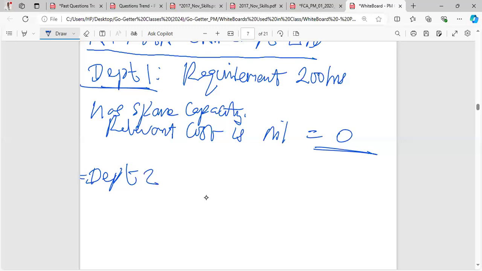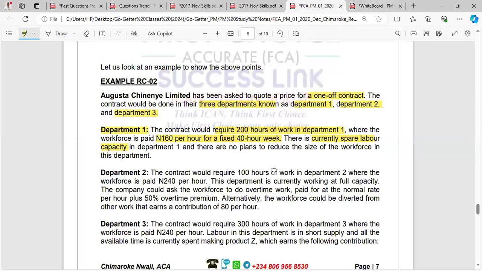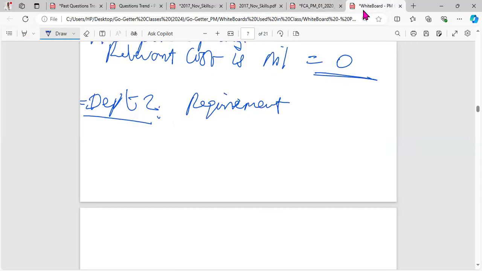Department number 2. What is the requirement? What do we require in Department 2? In Department 2, the contract would require 100 hours of work. So we have 100 hours.